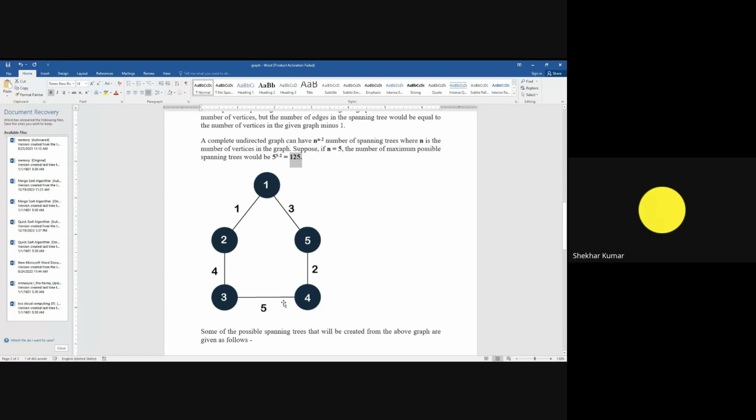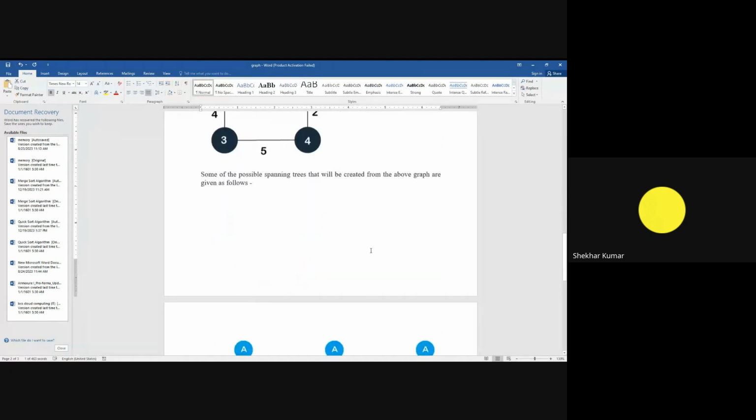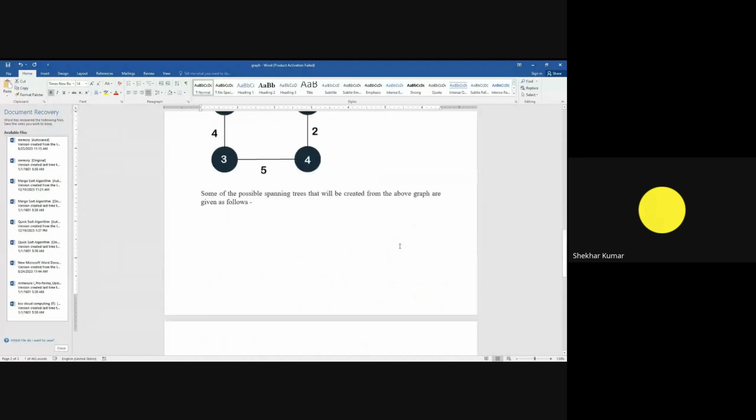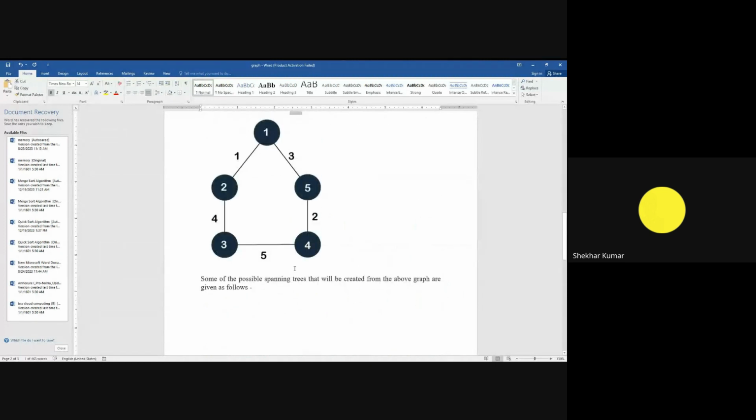In this tree, I have excluded this edge and I have covered all these 5 vertices. The cost of that tree is 10 because I have selected the minimum edges, minimum weight of the edges, and the cost is minimum, that is your 10. Now that is called your minimum spanning tree.